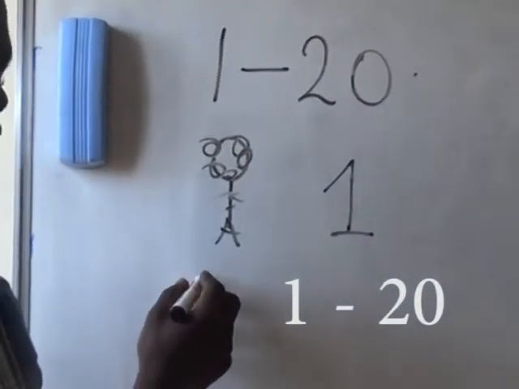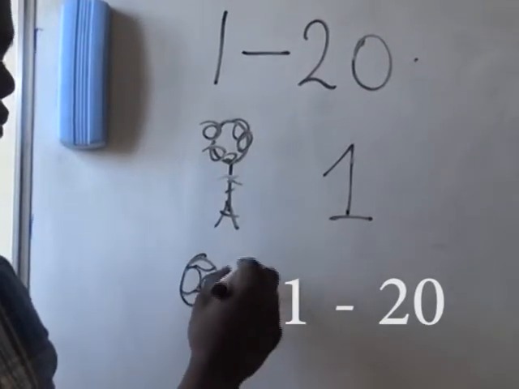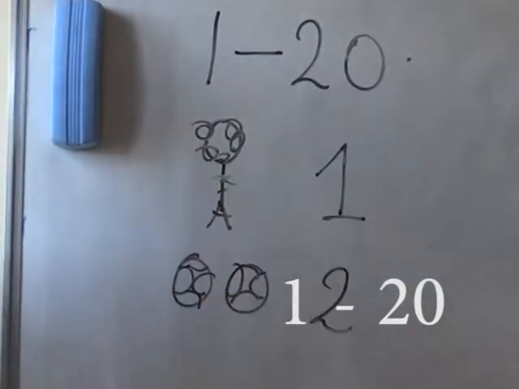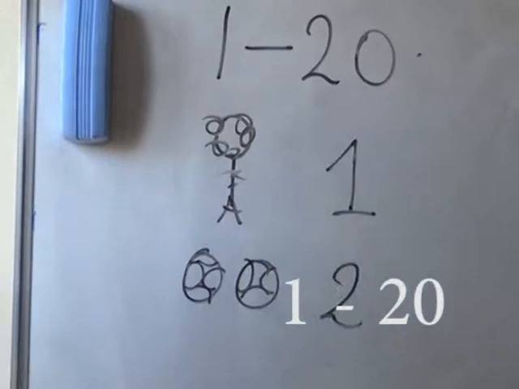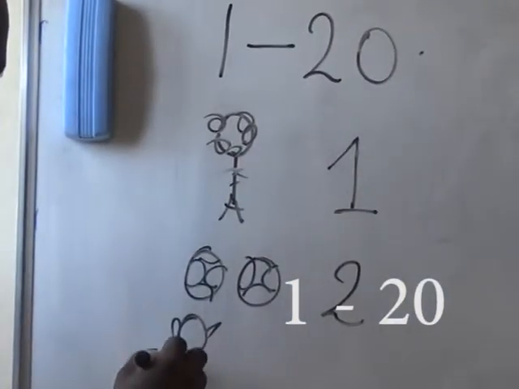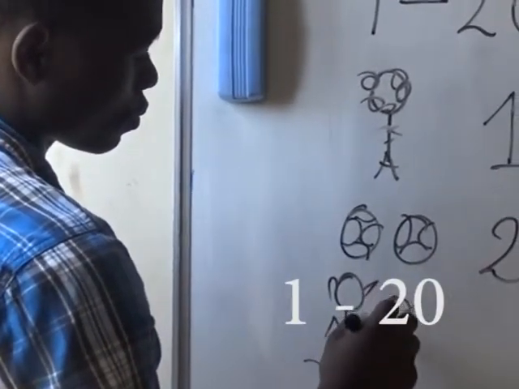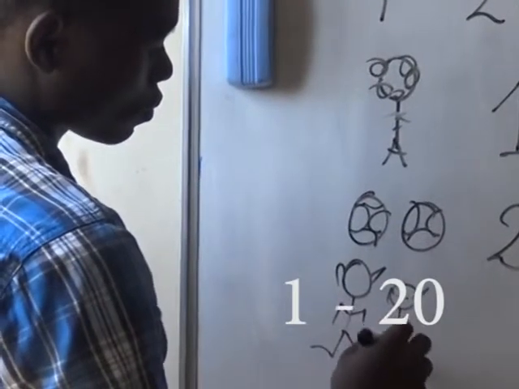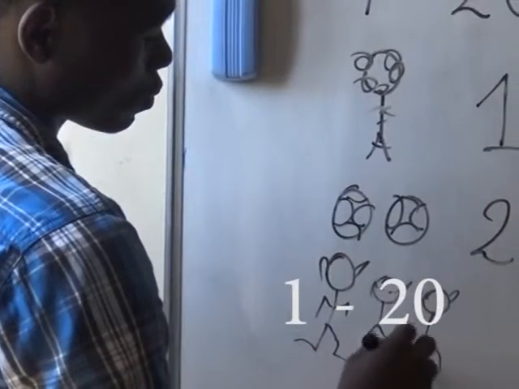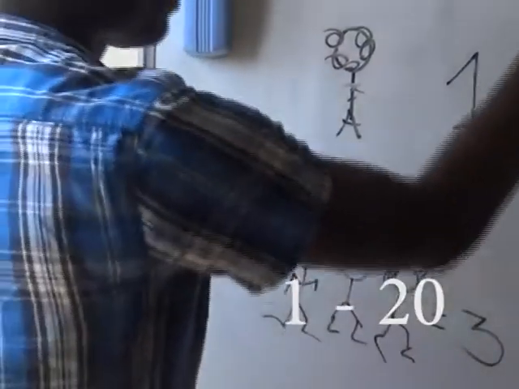Then, if we have 2 balls, this is 2. If we have 3 girls, this is called 3.